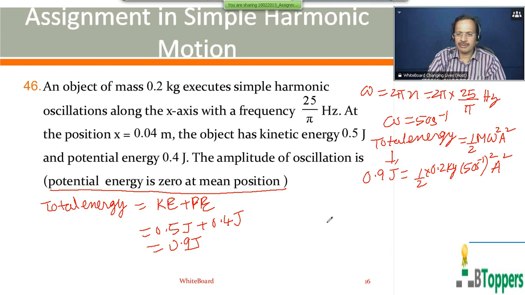So those who want to copy the solution of the problem can take a pause and copy it, and they can try to complete the simplification part themselves.